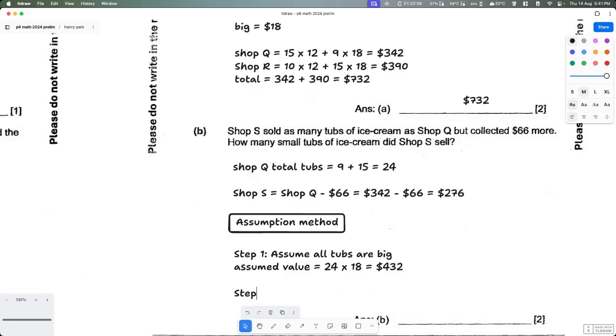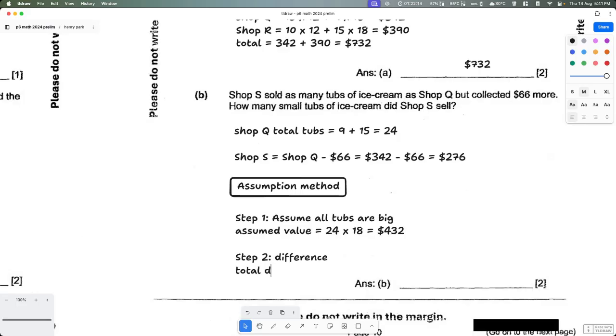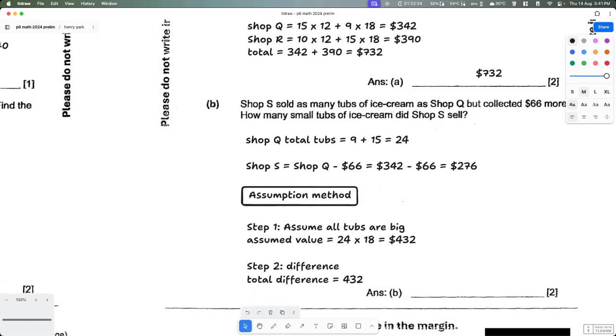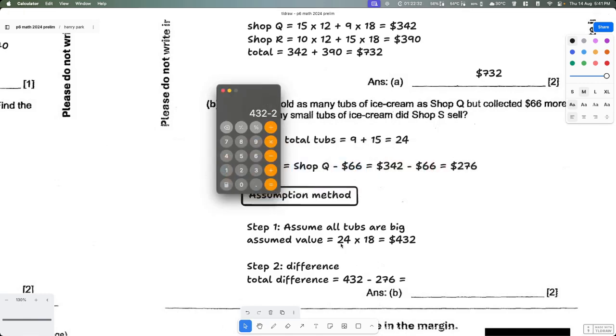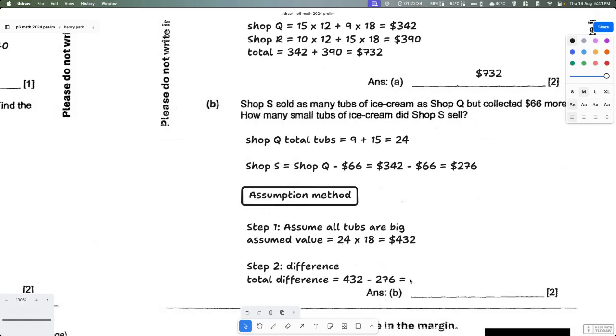Step 2 is the difference. So total difference is equal to 432 minus 276, which is $156.